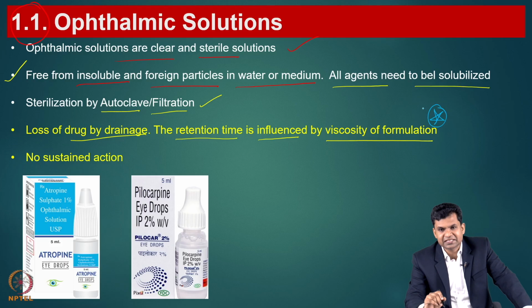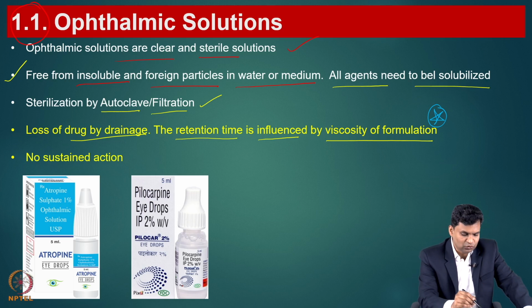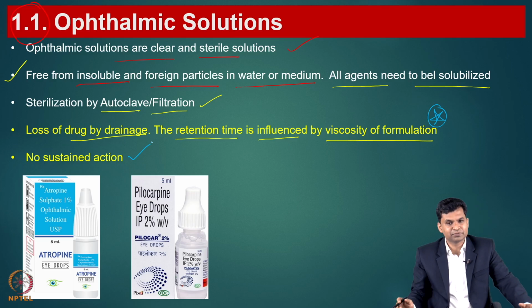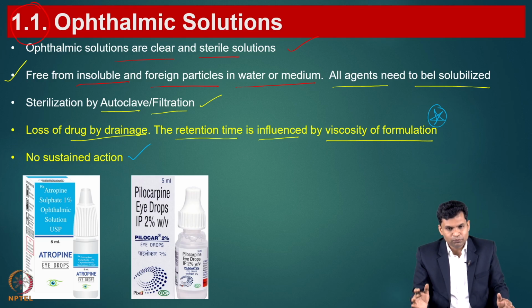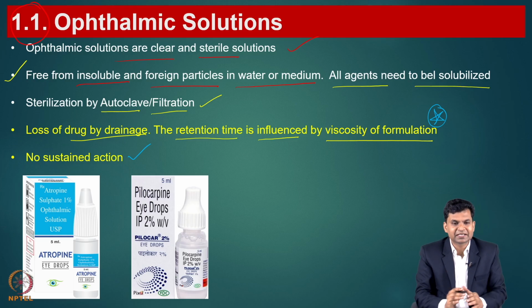The viscosity is very important. That is why in our previous classes we discussed that viscosity will help increase the retention time. Of course, you cannot expect sustained release, because these are simple solutions; there is no controlled release in such systems.